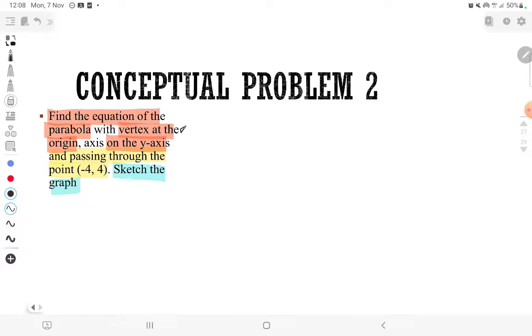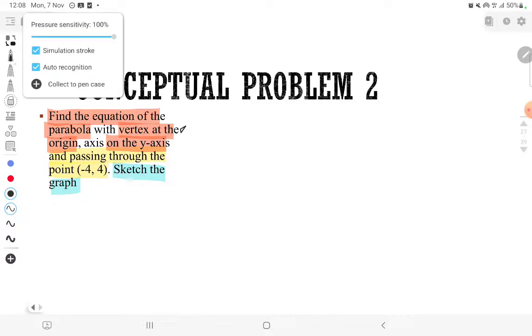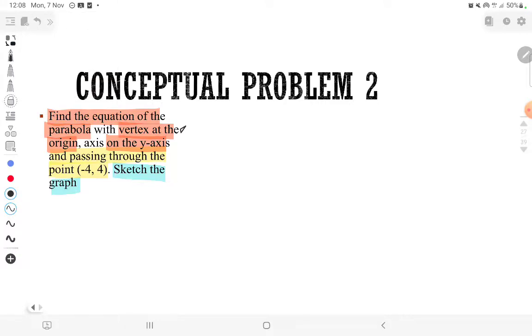So we are finding the equation, so therefore we must know the vertex, the origin, the focus, and our a, of course. Now first, let us grab the problem.